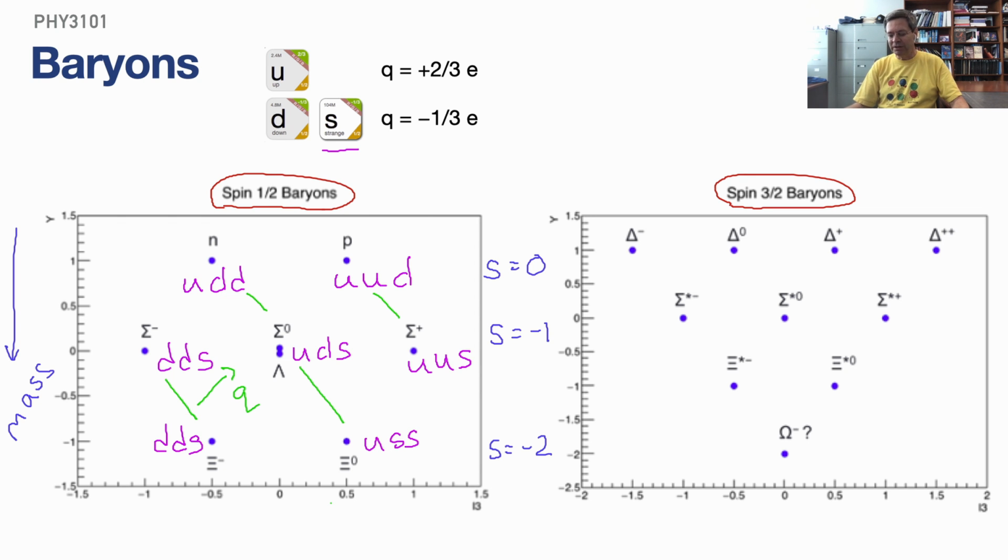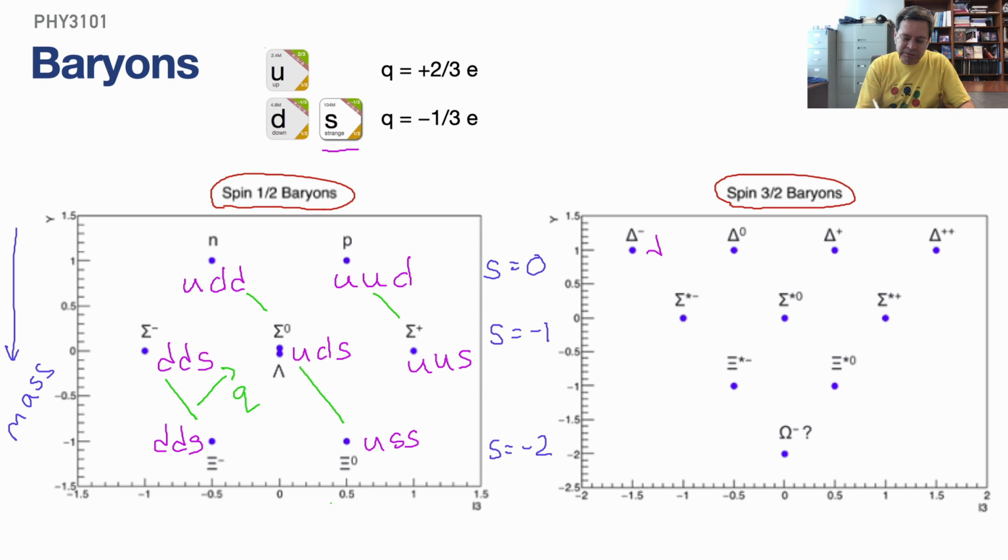So again, how can I make these particles from these 3 quarks that I've listed here? Let's start with the top row, the delta baryons. And maybe I take the extreme left and the extreme right. The extreme left is a particle delta minus, which has a charge of -1 unit of e. And clearly, if this is the lightest of this family of particles, I shouldn't add a strange quark, so it probably means all down quarks.